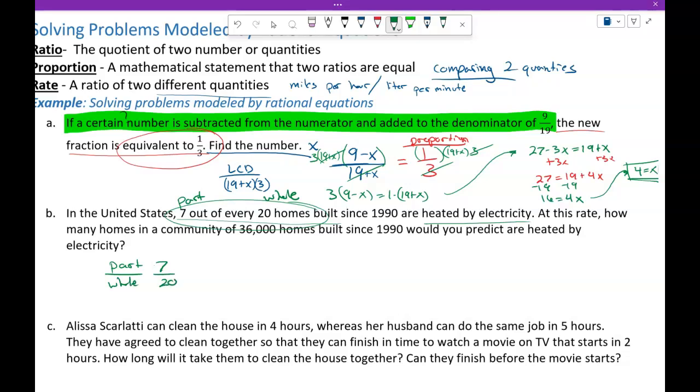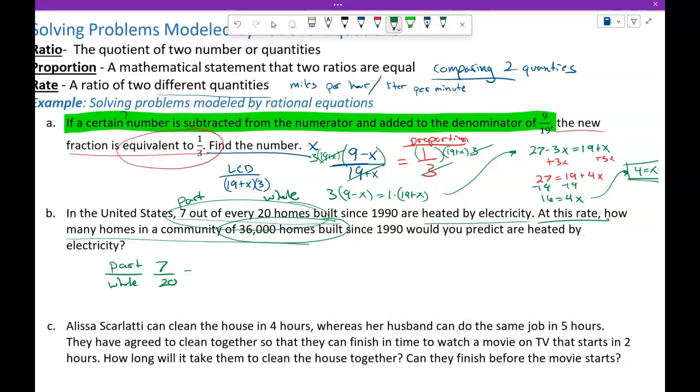We have this ratio, 7 out of 20. At this rate, how many homes in a community of 36,000 would be predicted to have heat that's powered by electricity?